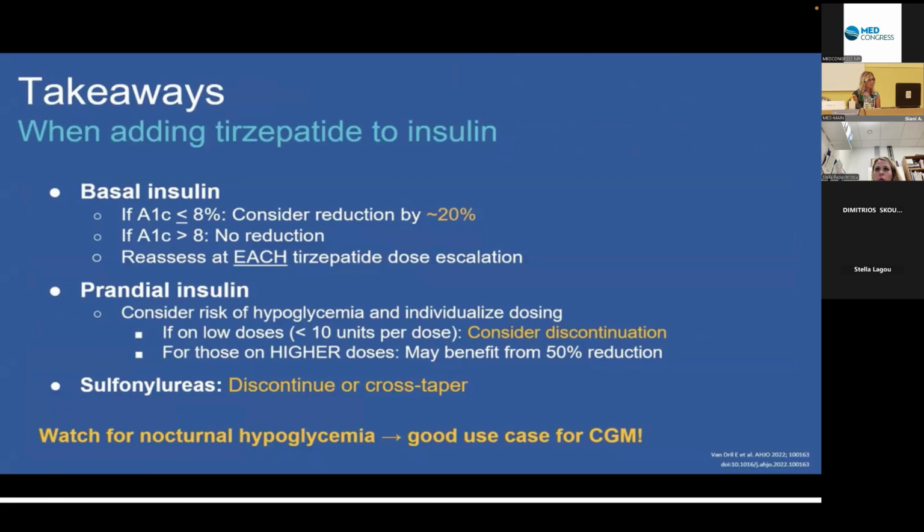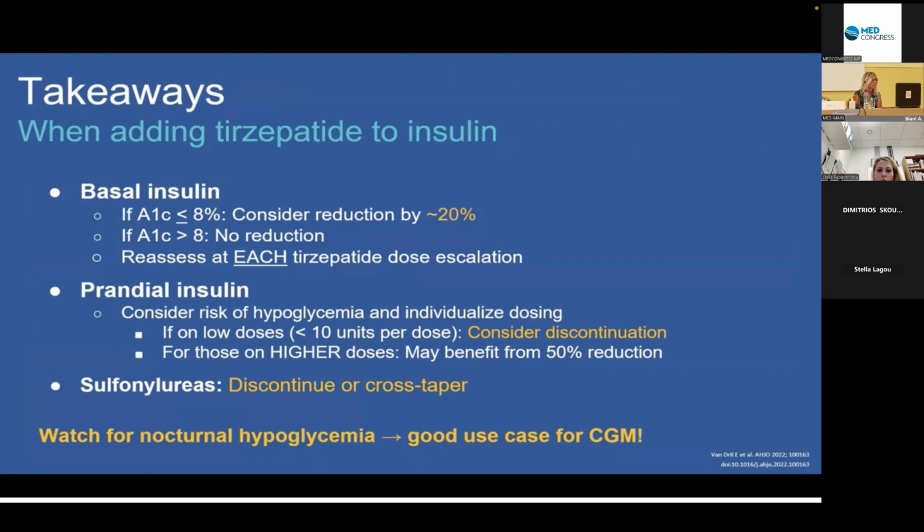Next, we're going to move to when and how much we should reduce insulin when adding tirzepatide. Using the SURPASS-5 findings and combining insulin recommendations, including prandial insulin, we can see the following recommendations. When adding tirzepatide to insulin, we should always consider patients' HbA1c.